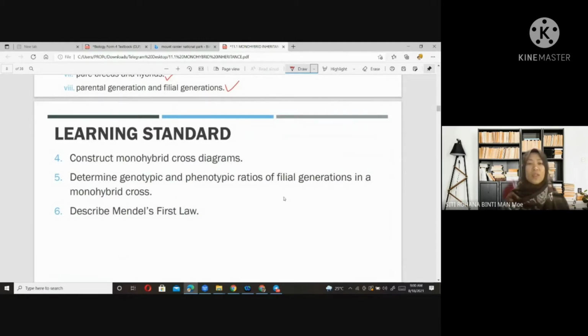Yang saya sebut tadi, all that are terms in genetic. Next, you have to understand how to construct monohybrid cross diagram. Macam mana nak construct yang saya sebut tadi? Schematic diagram. Next, determine genotypic and phenotypic ratios of filial generations in a monohybrid cross. And the last one, you have to describe Mendel's first law.